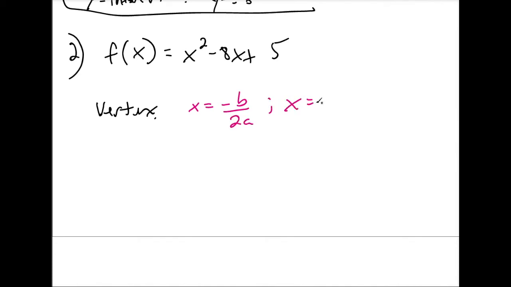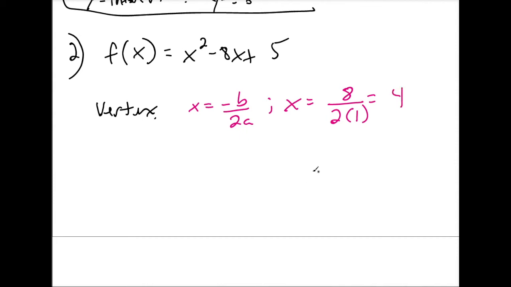So x equals what? Negative 8 over 2 times 1? No. That wouldn't be negative b, because b is negative, so you'd make it positive 8. And then 2 times 1. What does that become? 4, right?